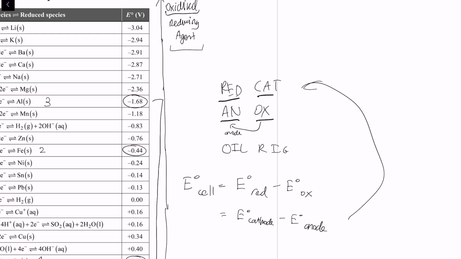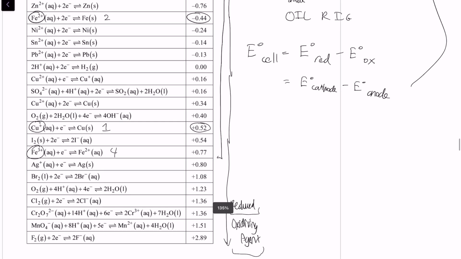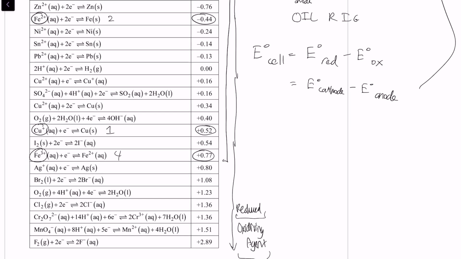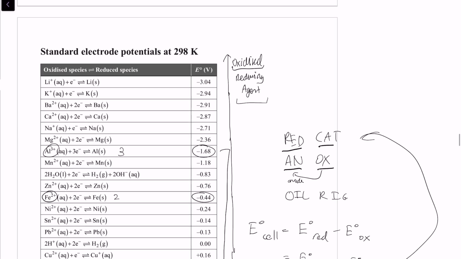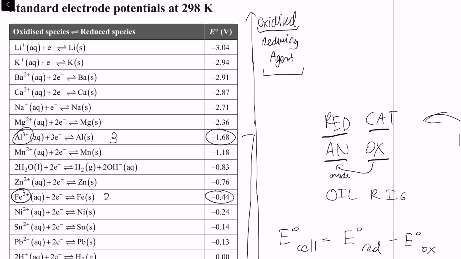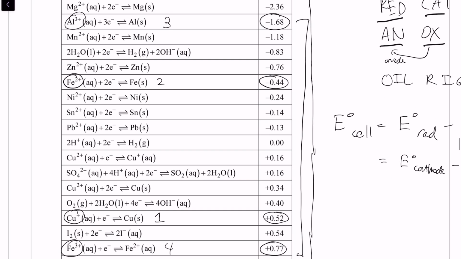Basically what that means is we have what is reduced, which would be the more of the bottom values, and we minus that with a negative E naught that's more at the top. So pretend we recognize that the largest distance is 3 and 4.